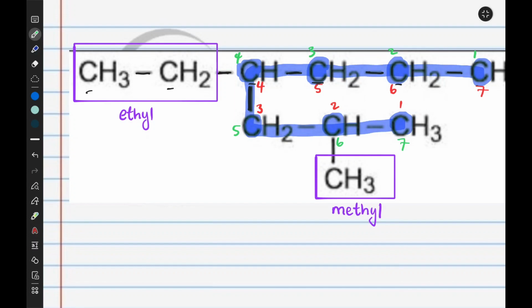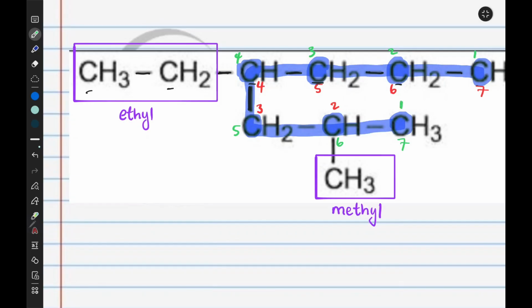So let's check the methyl group. If I number from bottom to top, it's on number 2, but if I number from top to bottom, it's on number 6. So I will choose the one that gives me the lowest number, which is from bottom to top, the red one. So I'll choose this system where I start numbering from here.